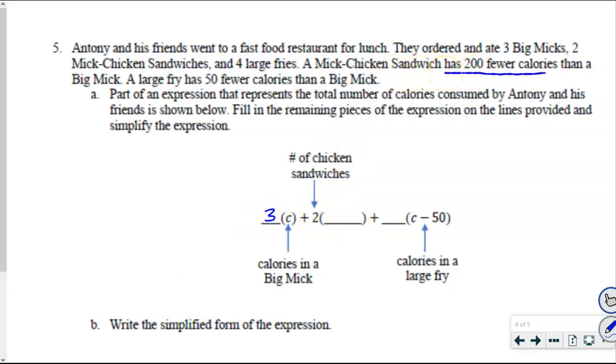It's 200 calories fewer than a Big Mac. So how am I going to show that? Here's our Big Mac minus 200 for the 200 fewer calories. And a large fry has 50 fewer calories than a Big Mac. So here's our 50 fewer than a Big Mac. How many of them did they order? 4 large fries. So multiply that by 4.